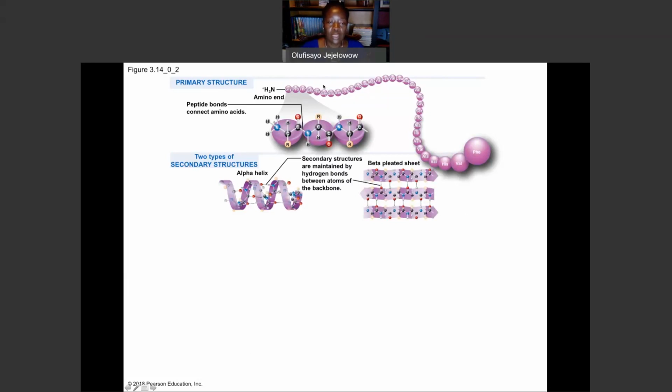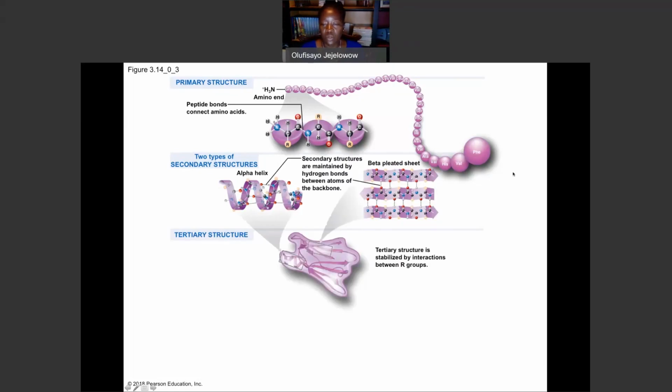Now, in the secondary structure, you have hydrogen bonds forming between atoms of the backbone. As a result of the hydrogen bonds, 2 types of secondary structures can form: the alpha helix, like a spiral spring, or the beta pleated sheets that you have in here.